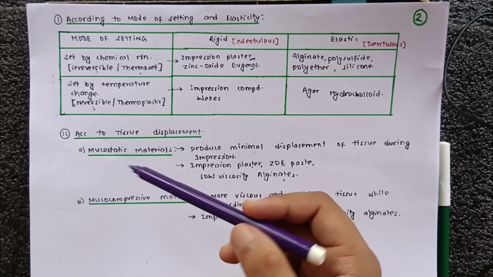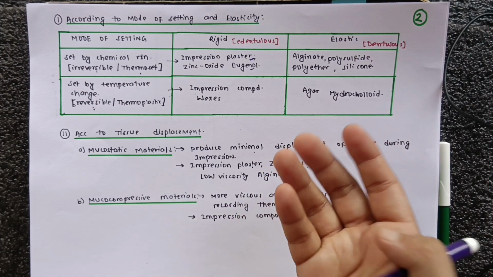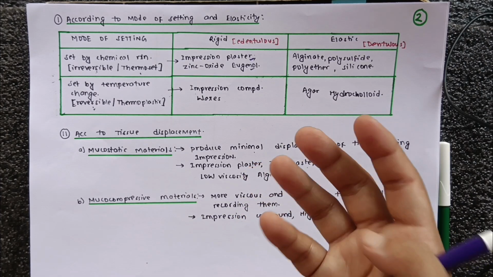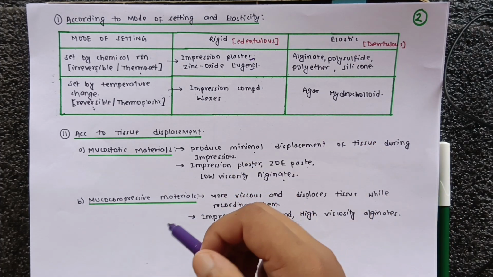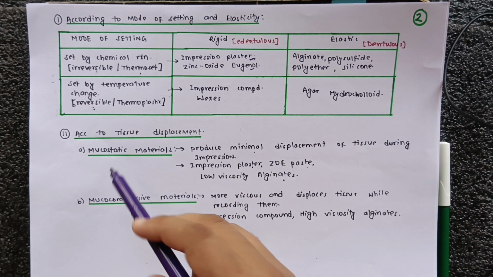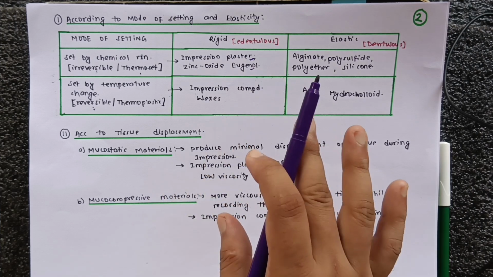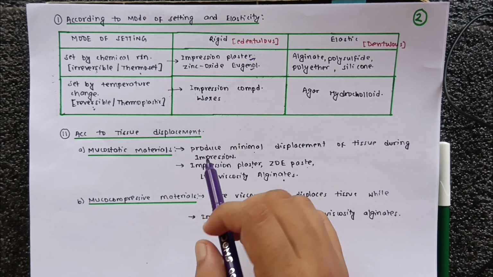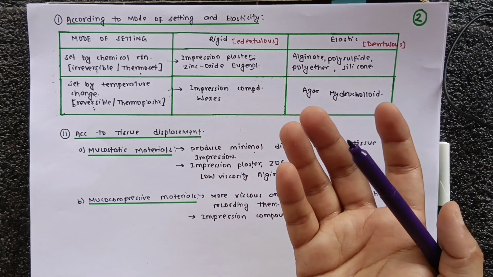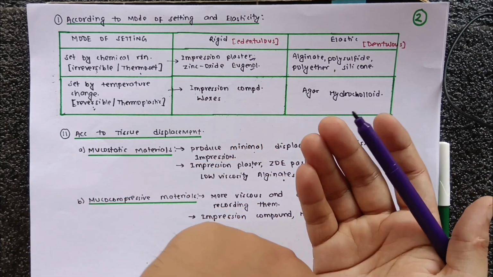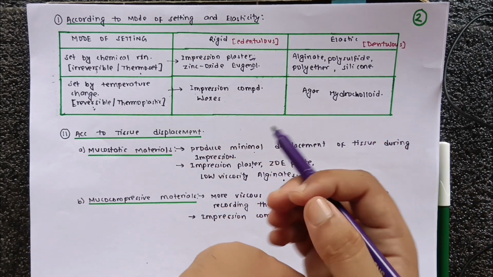Mucostatic means we take the impression without using a lot of pressure. I will discuss mucostatic and mucocompressive properly in prosthodontics, but for now just remember this much: in mucostatic we just load the impression material on the tray and take the impression without applying more pressure.